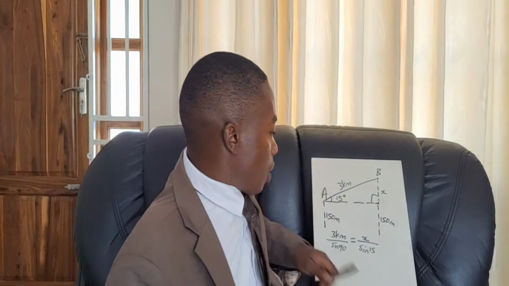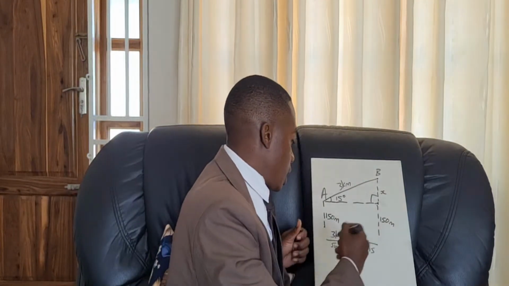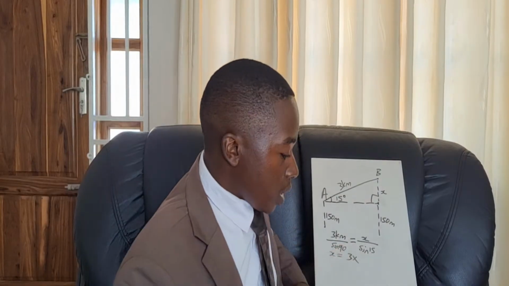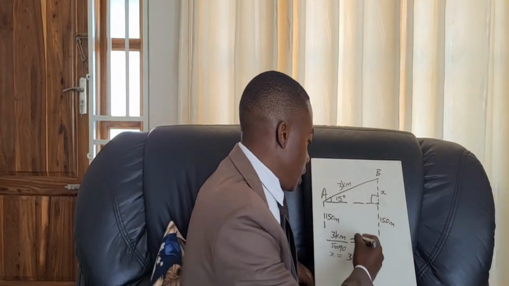Are we together? You already know that sine 90 is 1, so 1 times x, that's x, equals 3 times the value of sine 15. We are told the value of sine 15 is 0.2588, right?